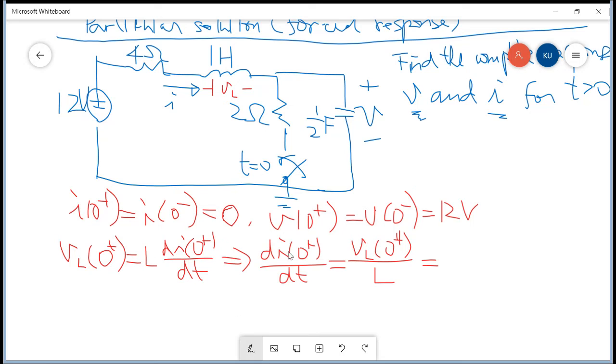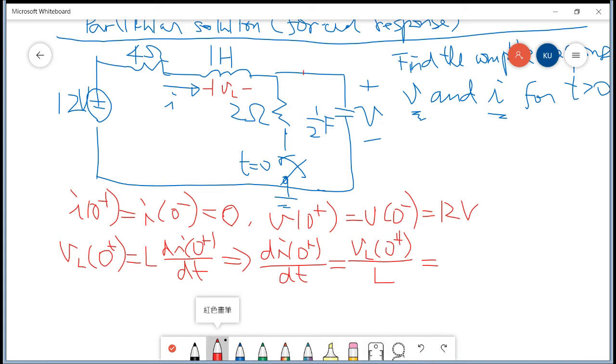Well, for t equals 0+, this is 12 volt. There is no doubt. And I(0+) is also 0. So in this case, this is also 12 volt. And in this case, VL(0+) is 0.